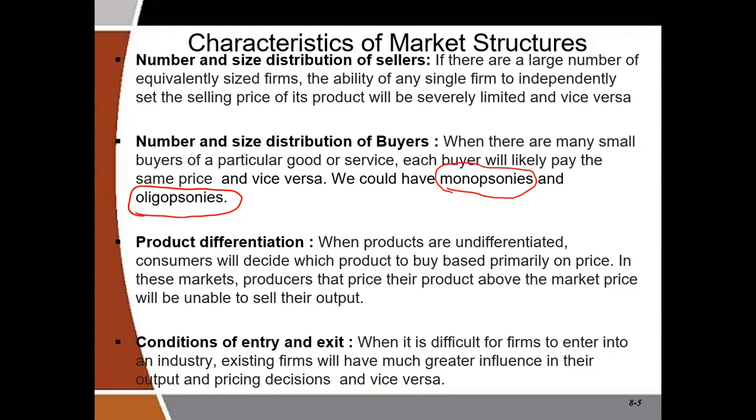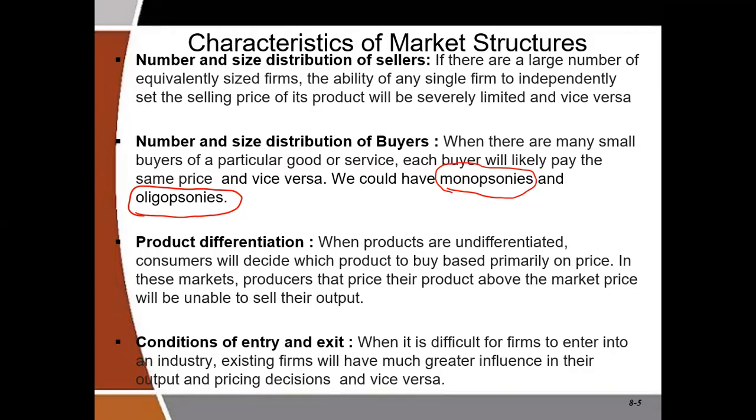Product differentiation can be defined as the extent to which the output of one firm in an industry can be distinguished from the output of another firm in the same industry. So in an industry with a high degree of product differentiation, the output of one firm is so different from the output of another firm, and that means each firm will be able to control its price.